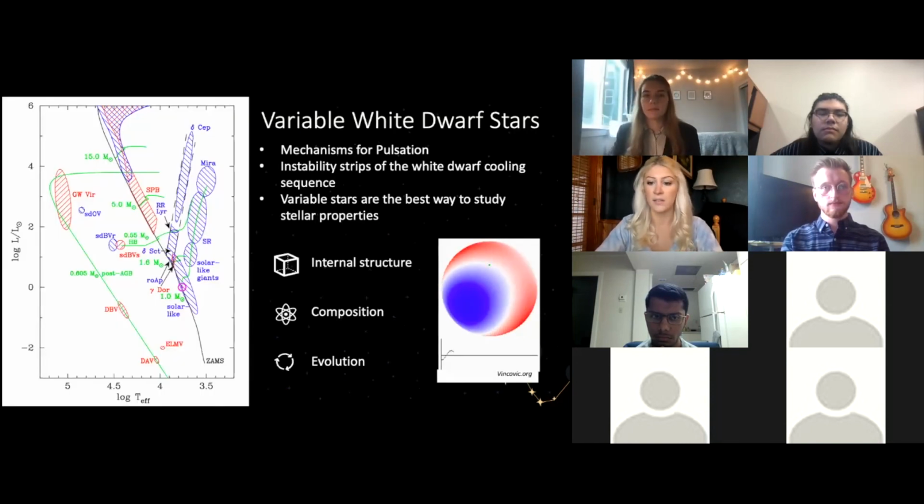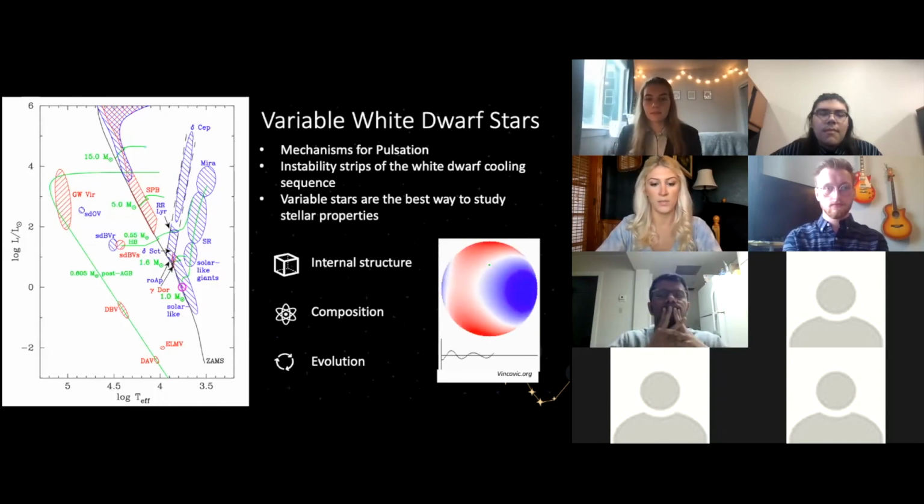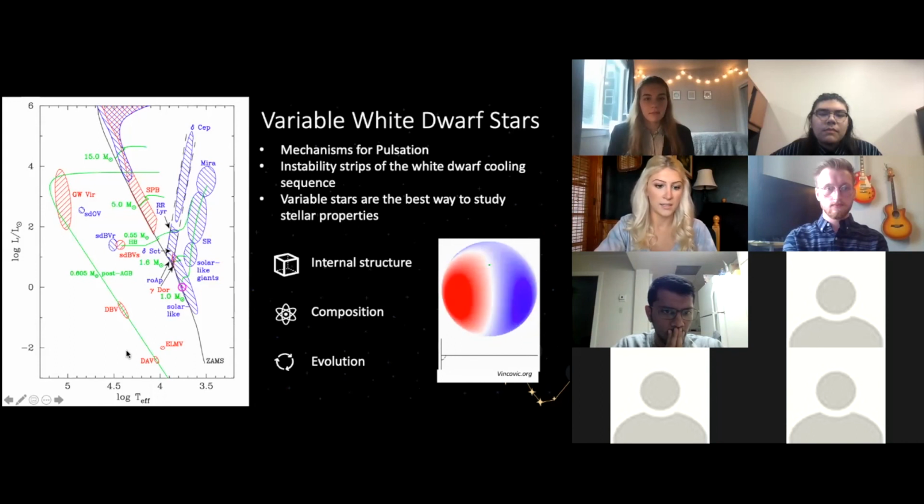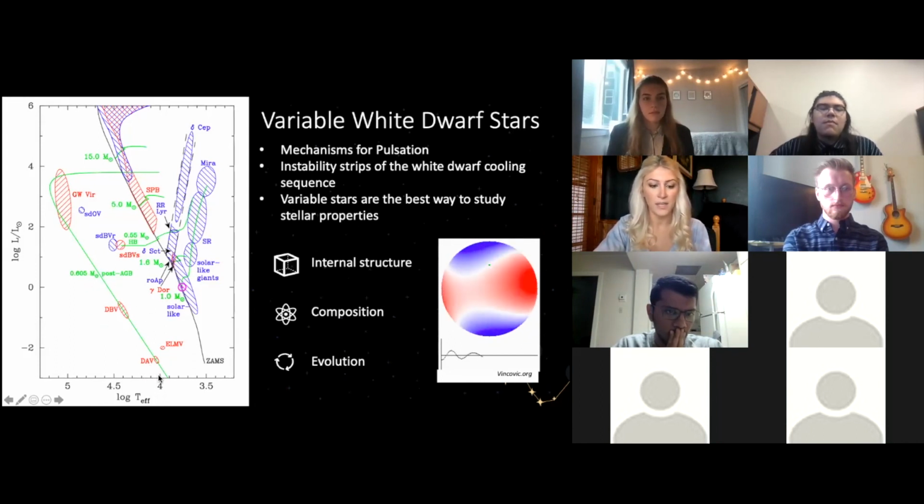There's another classification called variable white dwarfs, and those we study. This is another version of the HR diagram that Weston just showed you. This green line is the white dwarf cooling sequence. As these white dwarfs cool down, they cross 3 distinct instability strips.